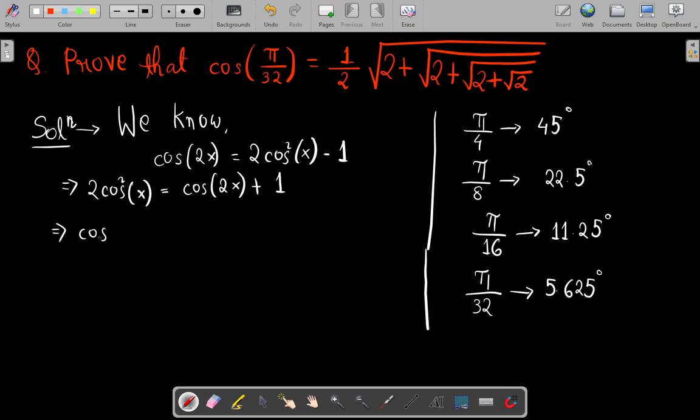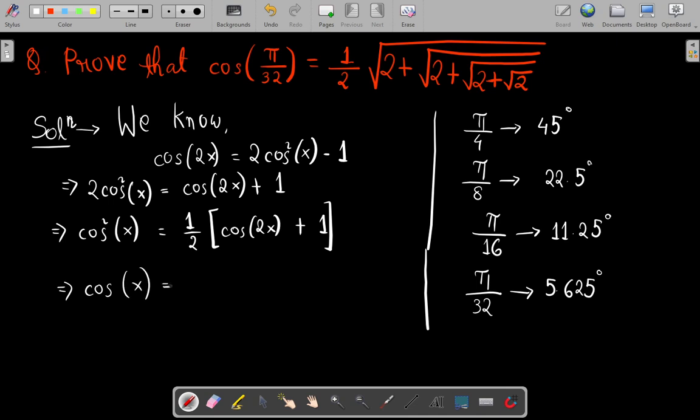Now if we take the square root on both sides of this equation, we get cos x equal to 1 upon root 2 times square root of cos twice x plus 1.